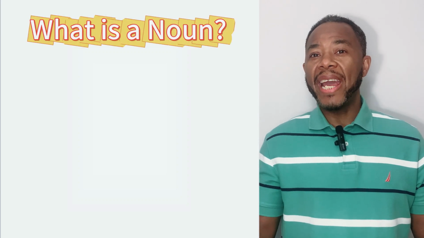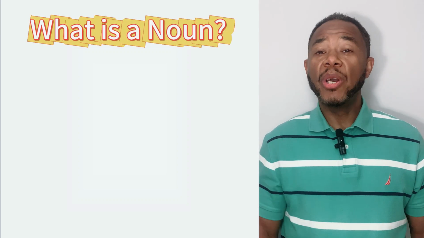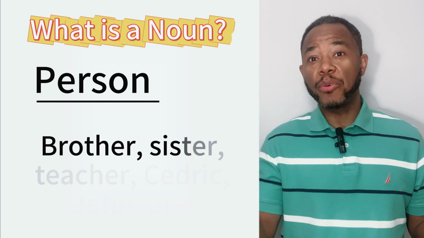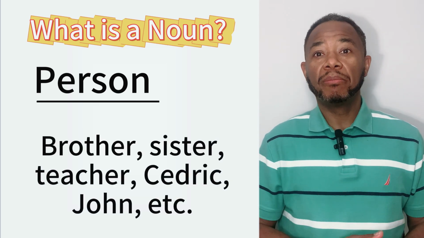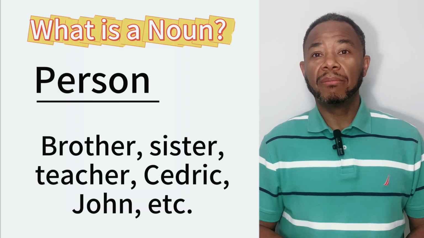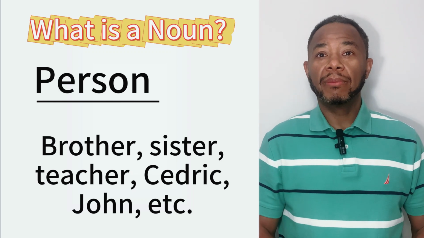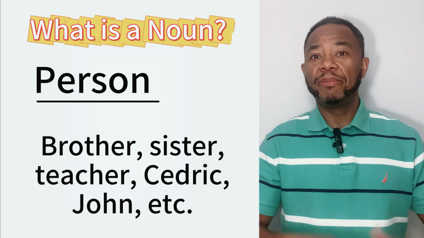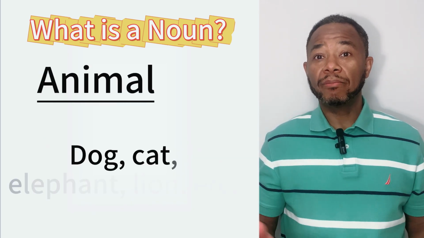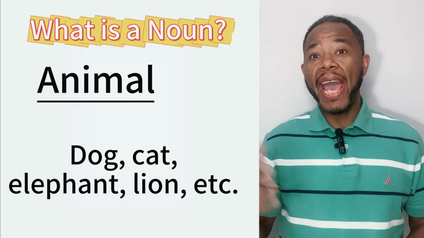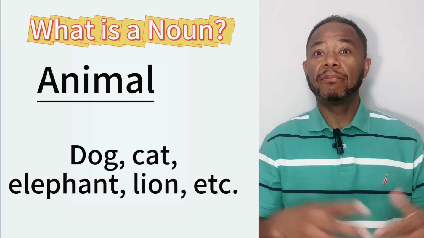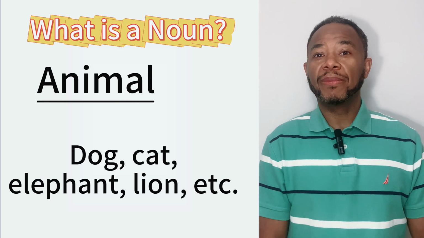First, what is a noun? A noun can be a person, for example, brother, sister, teacher, Cedric, John, and so on. It can also be an animal, a dog, a cat, an elephant, a lion, and so on.